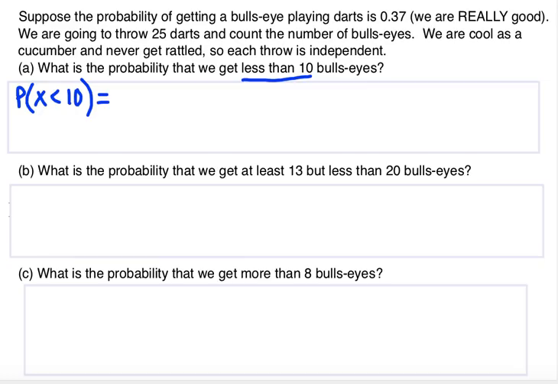So here's what I mean. If we are finding the probability of less than 10 bullseyes, that means that we would be starting with 0 bullseyes and then finding the probability of 1 bullseye and then finding the probability of 2 bullseyes and so on.